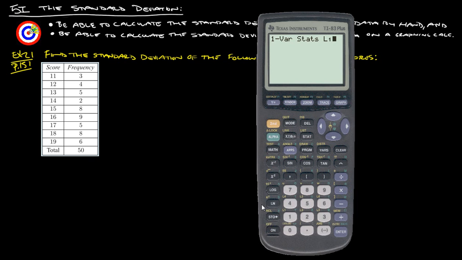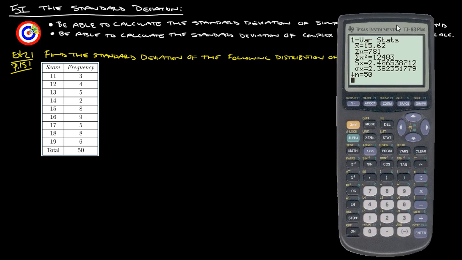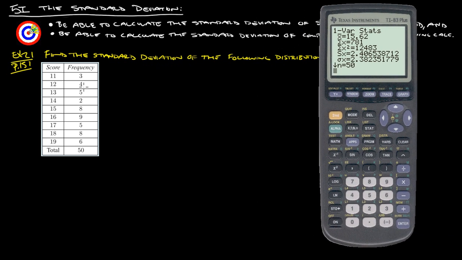And this is where if you didn't have a list 1, 2, or 3, like whatever your first list is that has the scores in it here, that's what you're going to put here. So if yours is list 4 and list 5, you'd put L4 and L5. But ours, we're going to do list 1. And you put a comma, and then you use second, and then you do, see how there's a little L2 right there? There's list 2. And now we're going to calculate.